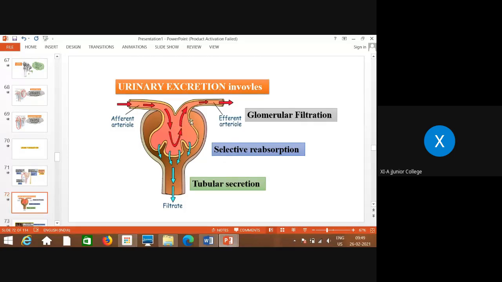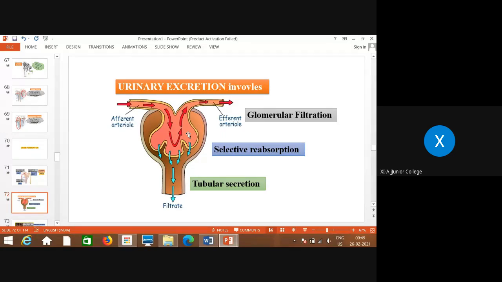The glomerulus contains blood in a network of capillaries with very small diameter and very thin walls, and because of that, filtration takes place. Whatever filtration takes place is called glomerular filtration. That is the first step, and it is also called ultrafiltration.